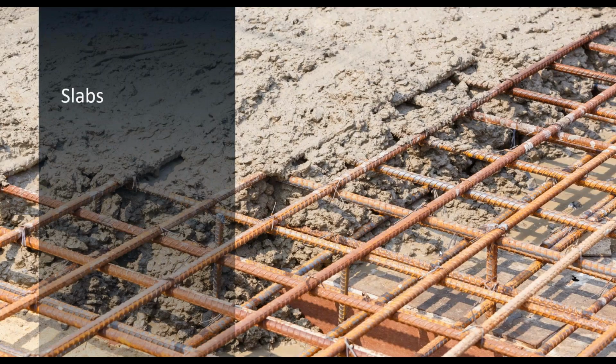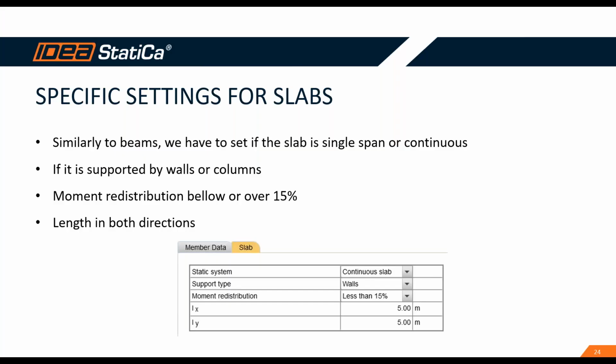Slabs are 2D members, horizontal 2D members, and we also have some specific settings for them. Similarly as beams, we have to set if the slab is single span or continuous, and if the slab is supported by walls or columns, because this also has a big effect on the check values, if it is locally supported or supported by walls.